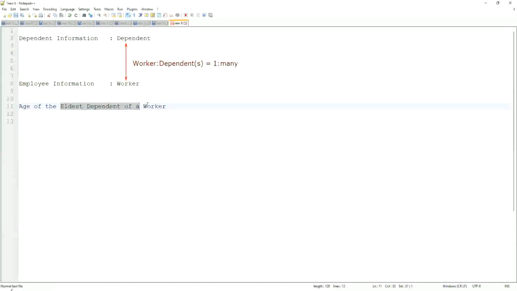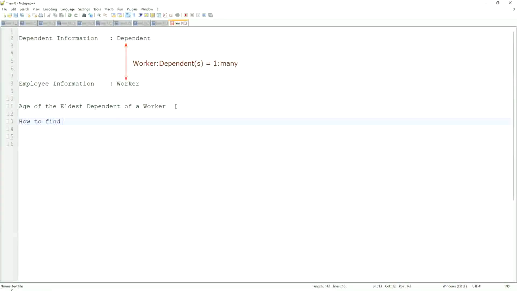Now, eldest dependent. One worker may have many dependents. When you have multiple dependents, how do you find the eldest dependent? Based on what? Based on the age of the dependent.